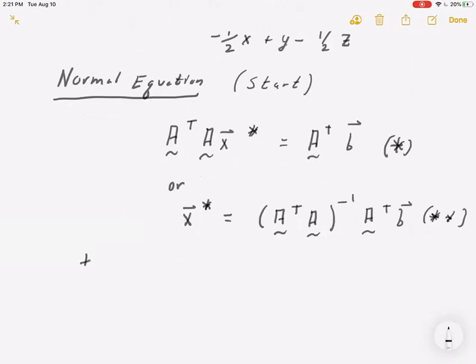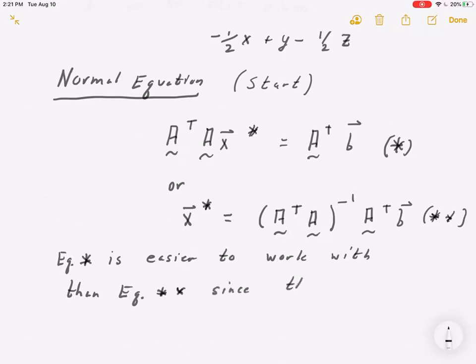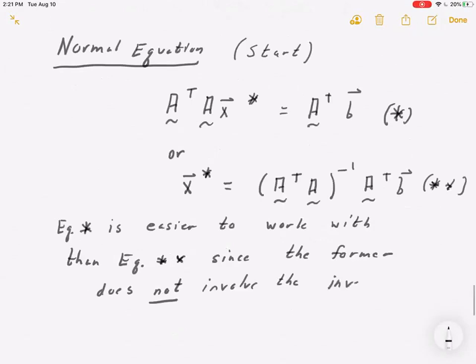But equation star is easier to work with than equation double star, since the former, equation star, does not involve calculating the inverse of a matrix.